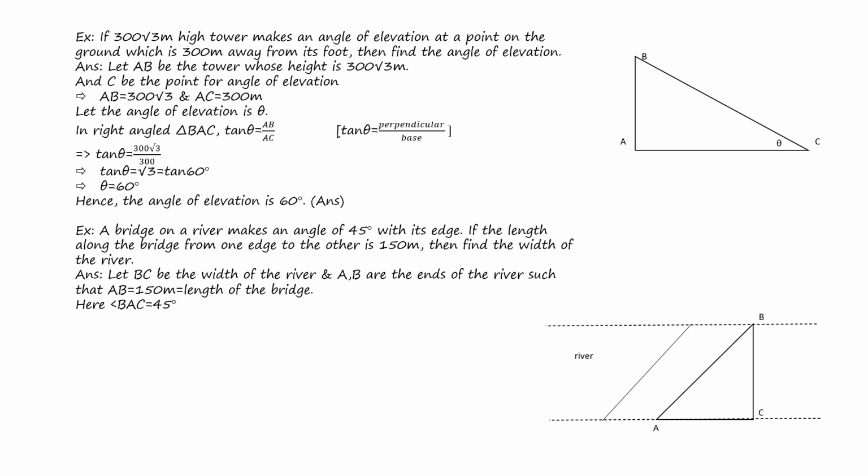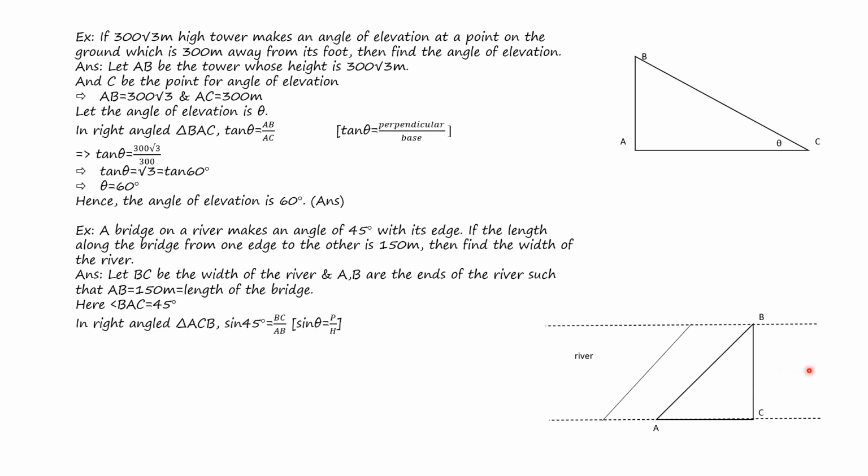Here angle BAC equals 45 degree because it is given that the bridge makes an angle 45 degree with the edge of the river.